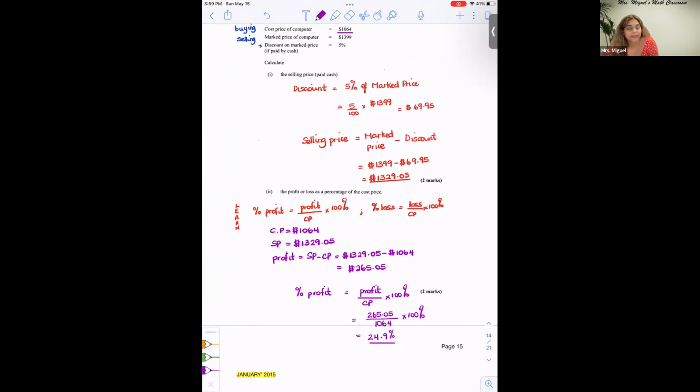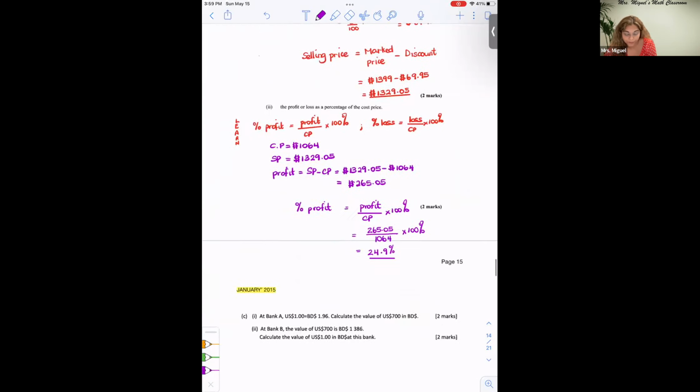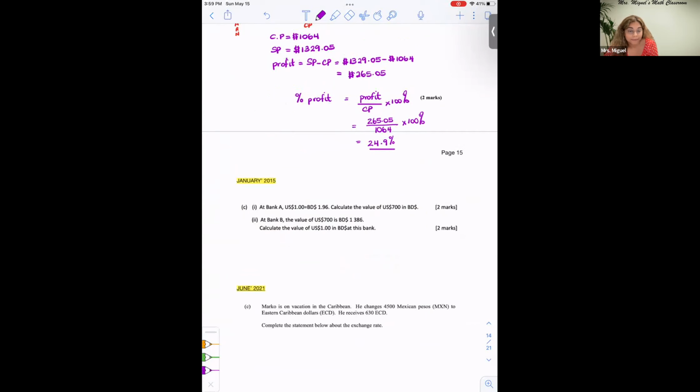The next thing that they can bring in consumer arithmetic is foreign exchange or currency conversion. So we're going to look at it. At a bank, $1 is equal to $1.96 Barbados dollars. Calculate the value of 700 US in Barbados dollars. And at a bank, 700 US is 1386 Barbados dollars. Calculate the value of 1 US. So go ahead.